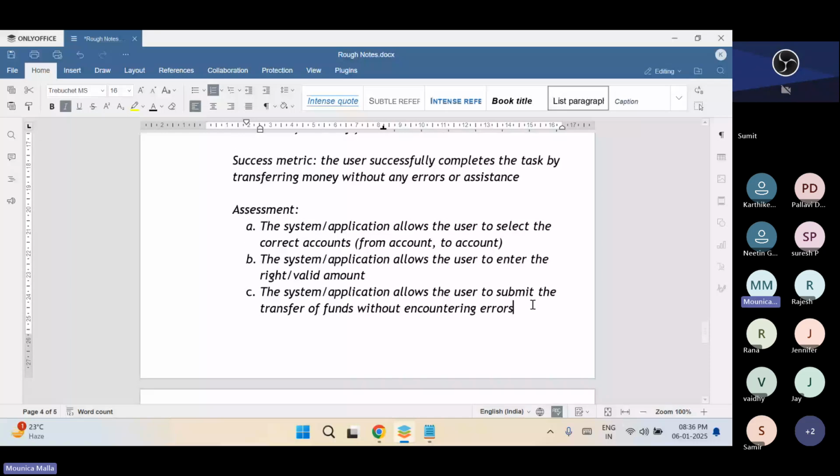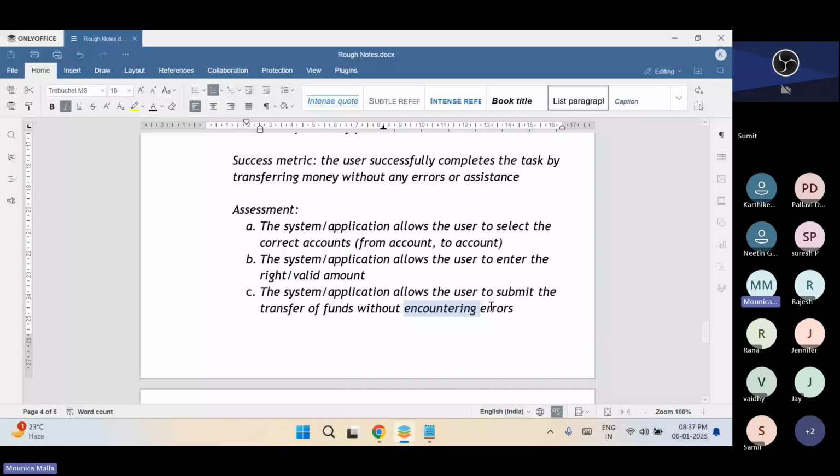Now why should it not throw any error? Because we are talking about success metrics, not failure metrics. And accessibility testing is a positive testing. So when I'm doing everything positively with optimistic data, valid data, I should never get any errors from the application unless I made a mistake. And ideally, the application should not allow the user to make a mistake also.